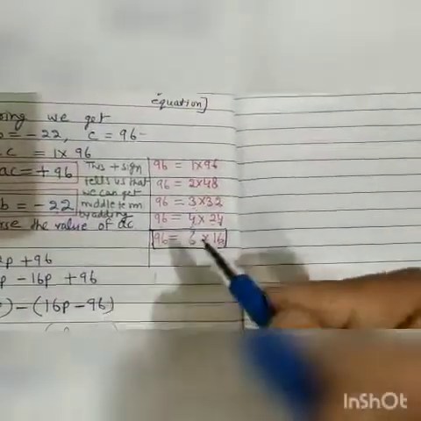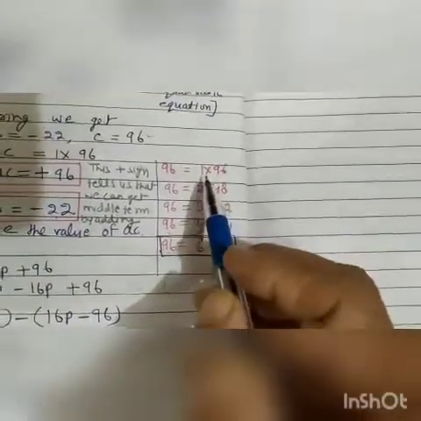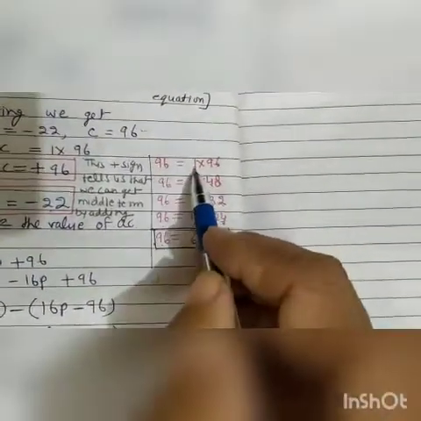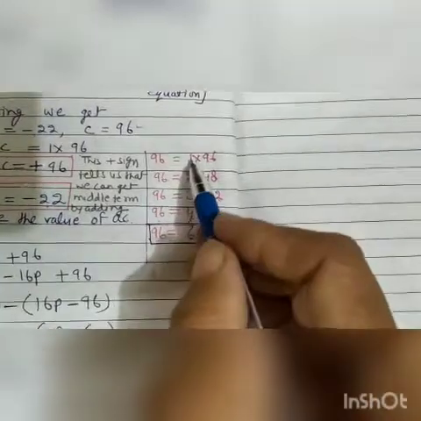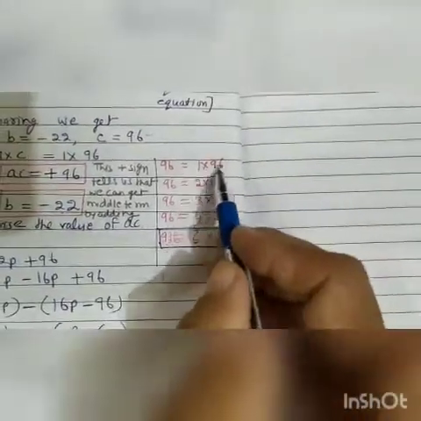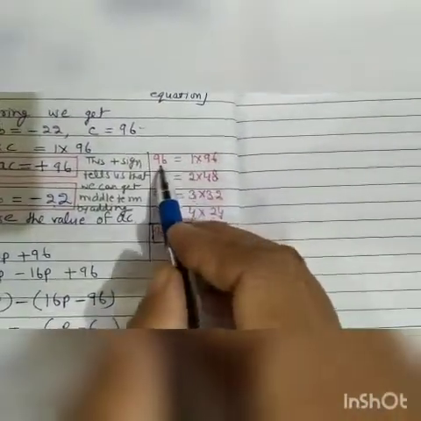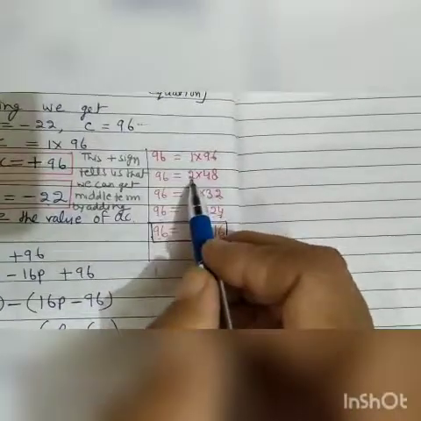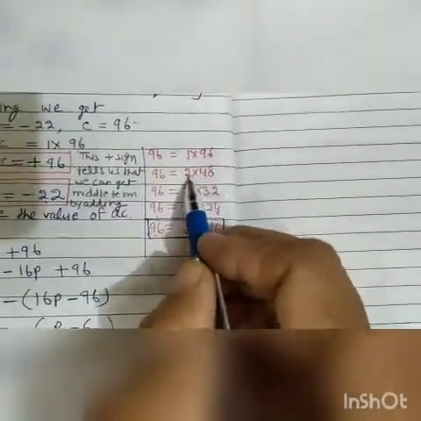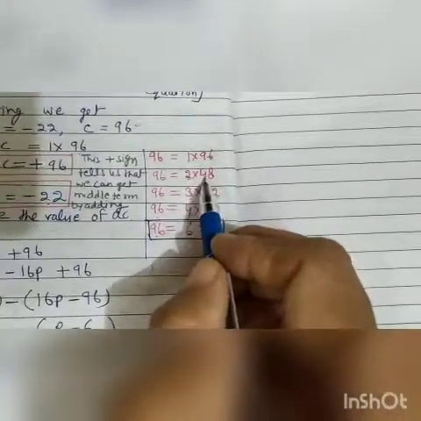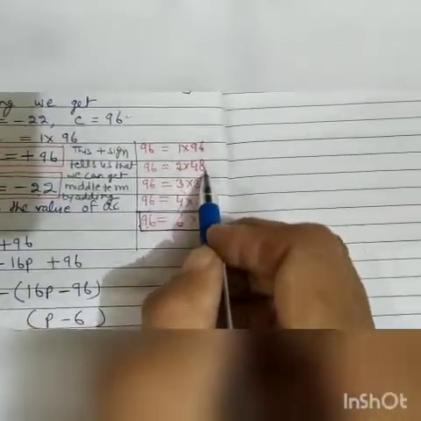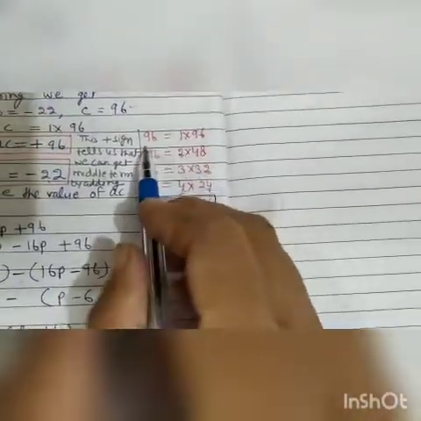See the factors again of 96. First we will start from 1. We will take it serial wise. So 1 into 96, 96. Then after 1, 2. 96 is divisible by 2. 48 2s are 96.